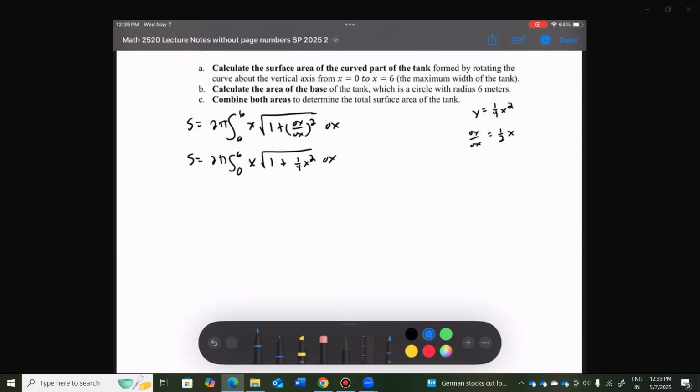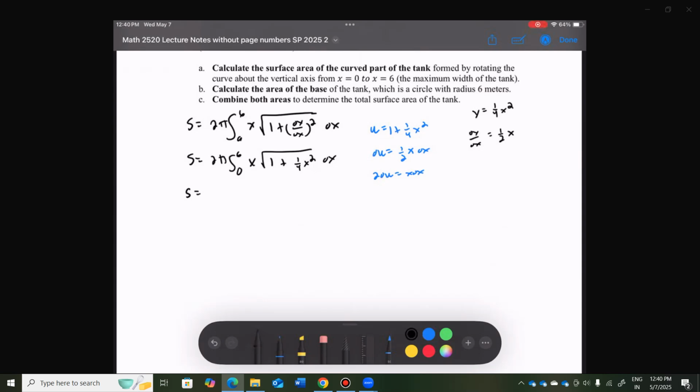Okay, we're going to do a u substitution. So u equals 1 plus 1/4 x squared. So du will equal 1/2 x dx. And so we can say 2 du equals x dx.